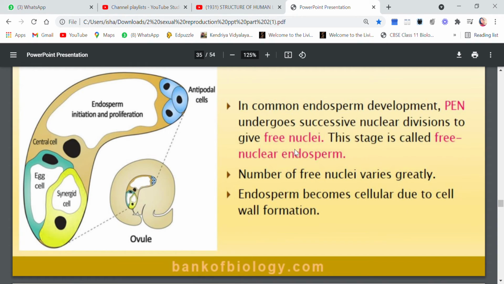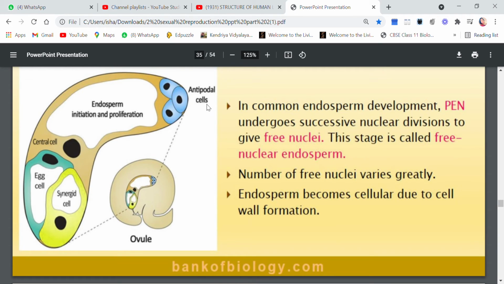After some time, these free nuclei will develop a cell wall around themselves. That means cytokinesis will take place, and now the cellular stage has come. Earlier it was the free nuclear stage, but now the endosperm has become cellular.